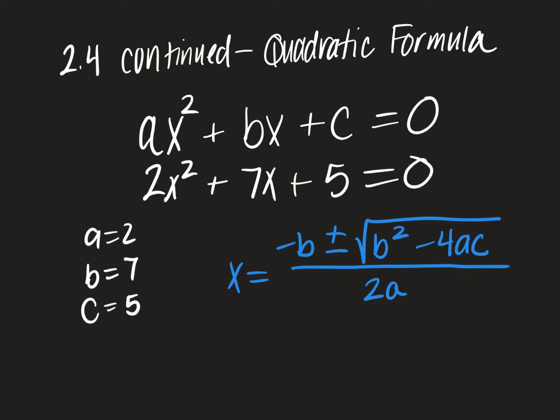It seems intimidating at first, but I promise you once you do it enough, it's going to stick in your brain like glue. So again, x equals negative b plus or minus the square root of b squared minus 4 times a times c, all divided by 2a. That bottom part is important. It's still part of it.